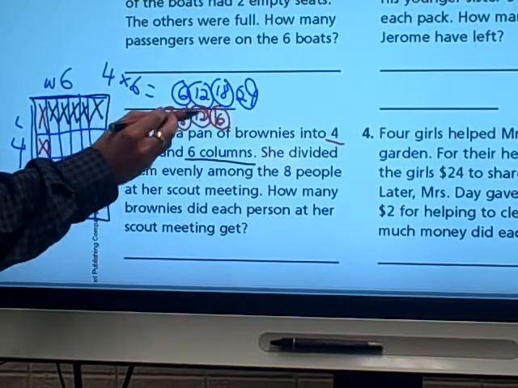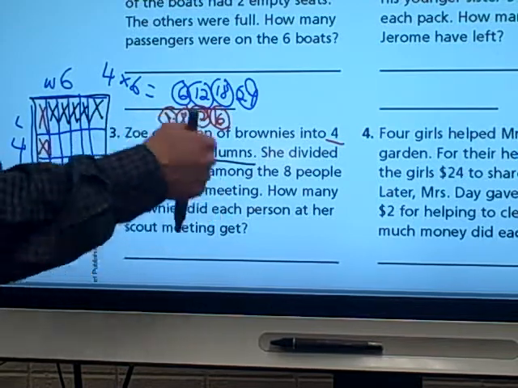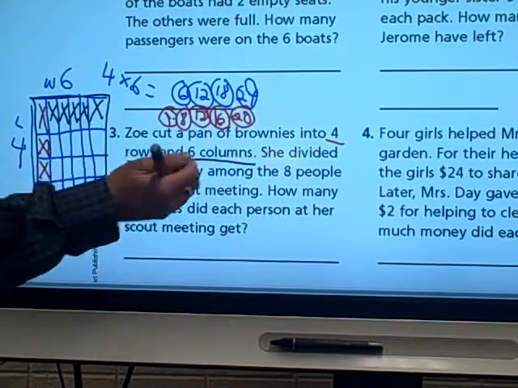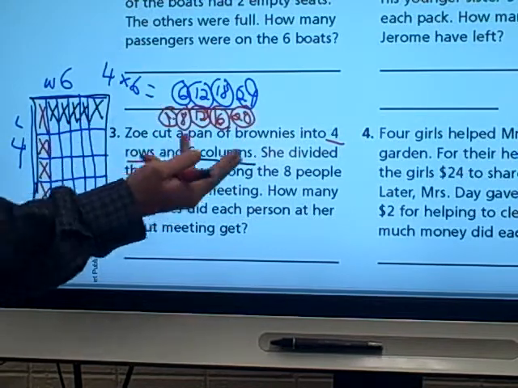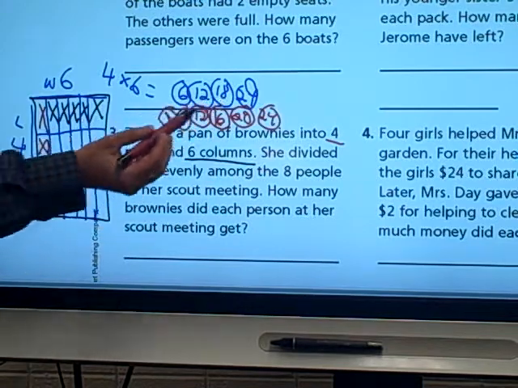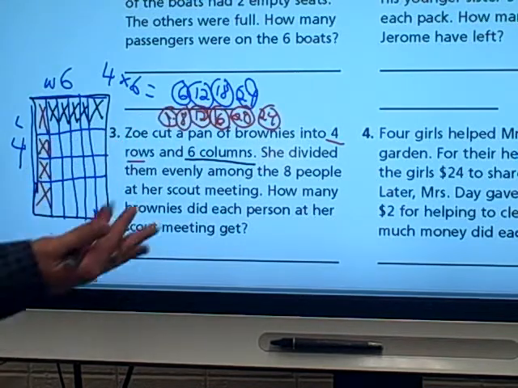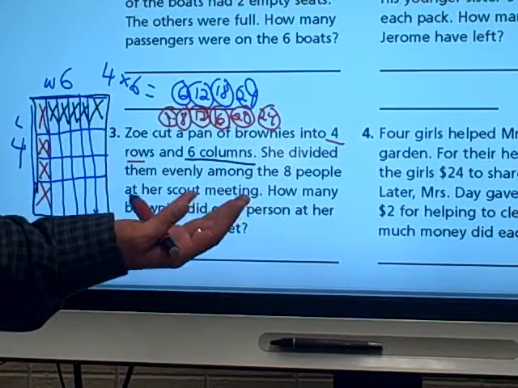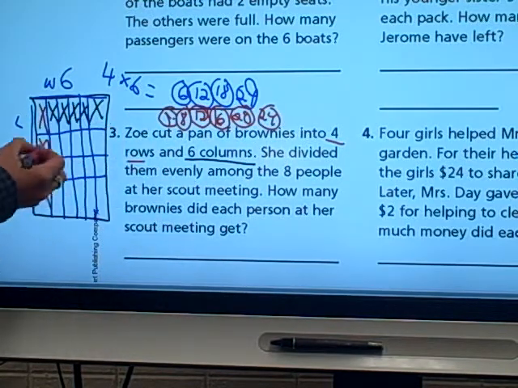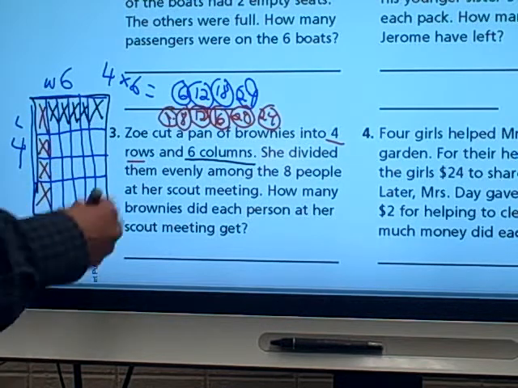How many is that? 1, 2, 3, 4. I need 6 groups of 4. 20. One more group of 4. 24. So either way, I'm going to come up with the same answer. I've got 24 brownies here. So I just figured out the first step of the problem, right? 4 rows and 6 columns makes 24 brownies altogether.